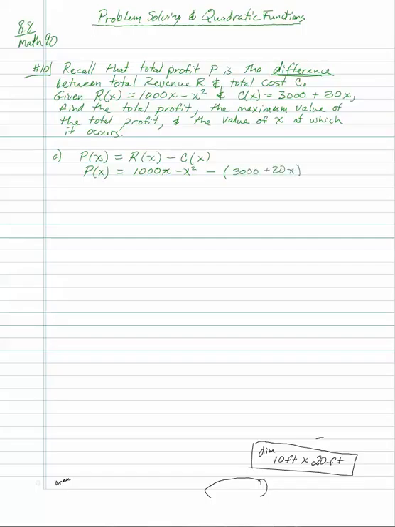Don't forget to distribute that minus sign. So that'd be minus 3000 minus 20x. Combine like terms. Let's put it in descending order too: minus x squared plus 980x minus 3000. That's our profit. Okay, so that was part A.